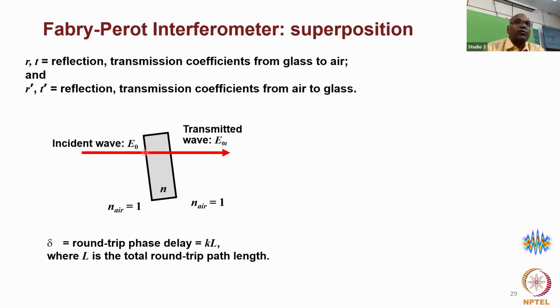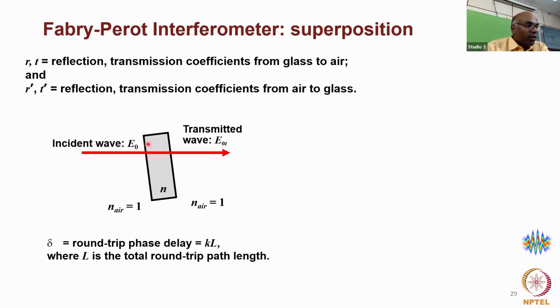At this interface, of course, the wave can transmit through the glass, because glass is transparent. But not all the wave amplitude of the incident wave E naught comes through. What comes through is a fraction of the incident wave, and the field amplitude of the transmitted wave is E naught t. The wave amplitude has reduced owing to the following. When the wave walks through from air to glass, there is an air-glass interface.